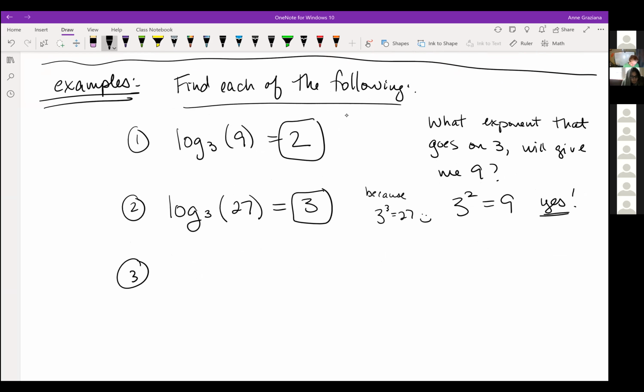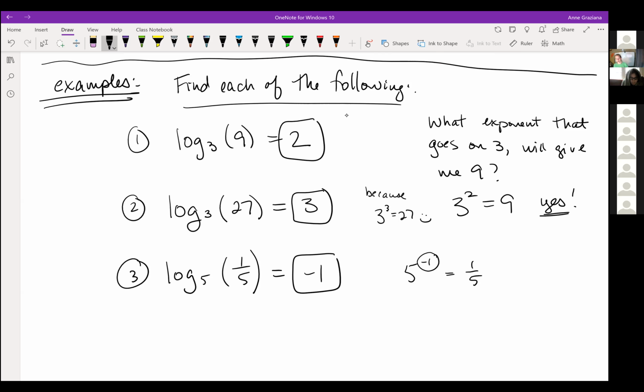All right, let's try this one. Log base 5 of 1/5. -1. Why? Because 5 to the -1, that power gives us 1/5. It's the exponent that will go on your base.